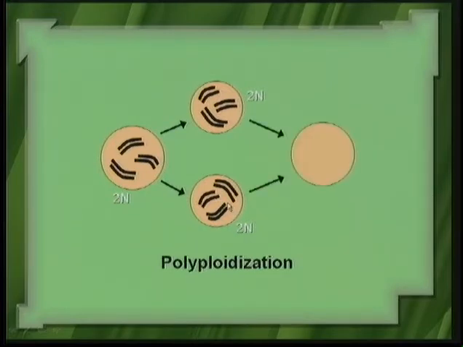Then if they were bred together and brought together, what you have is something 4N, also known as a tetraploid. So if an individual has 2 sets of chromosomes, this has 2 sets, this has 2 sets, but this one has 4 sets of chromosomes: 1, 2, 3, 4, 1, 2, 3, 4, 1, 2, 3, 4. So this is a tetraploid.